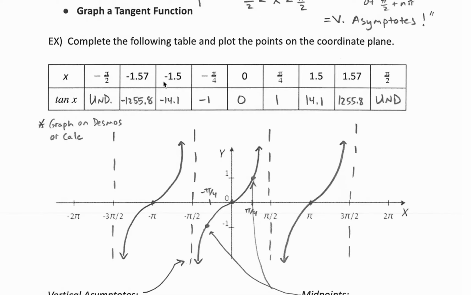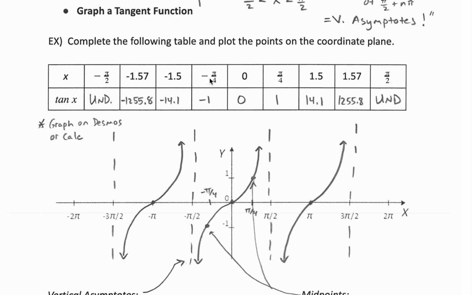Again, if I just slide a tiny bit to the right on the x-axis and evaluate tan of negative 1.5, our calculator will tell us it's negative 14.1. So notice the difference there. I barely moved on the x-axis and I moved a heck of a lot on the y-axis. So our graph is pretty steep.